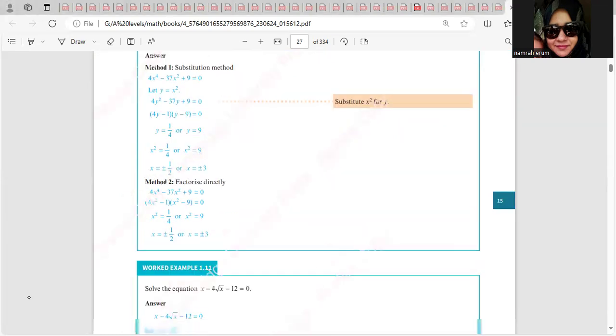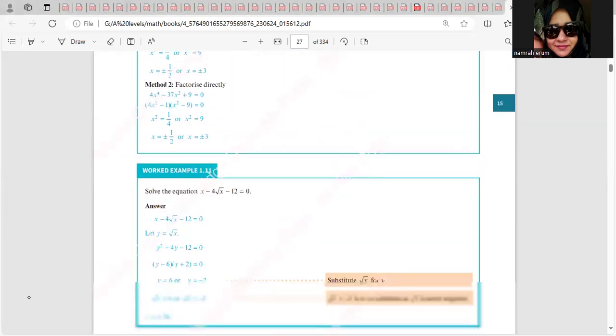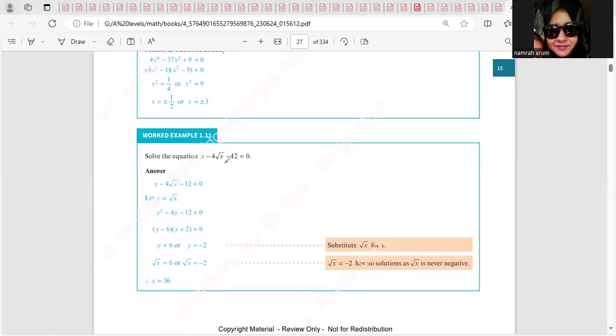Now let's take another. This method is easier. When we can see that some surds are involved, then the simple way is to assume the middle term equals some other variable. Let's assume root of x is equal to y.